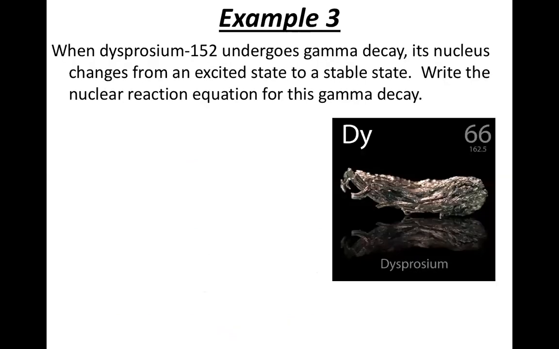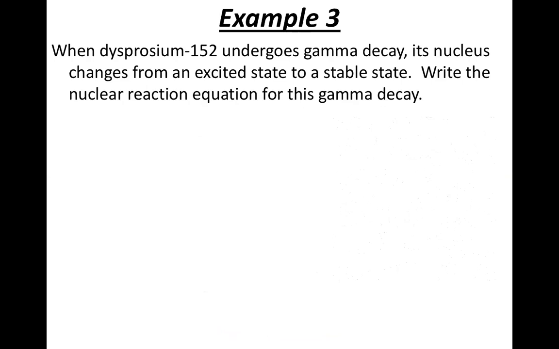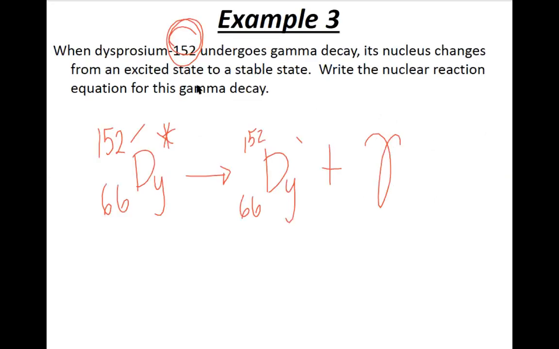Okay, let's do an example. When dysprosium-152 undergoes gamma decay, its nucleus changes from an excited state to a stable state. Write the nuclear reaction equation for this gamma decay. So 152 gives us the number on the top. Dysprosium, we look up in the periodic table to get that it's 66 and Dy.